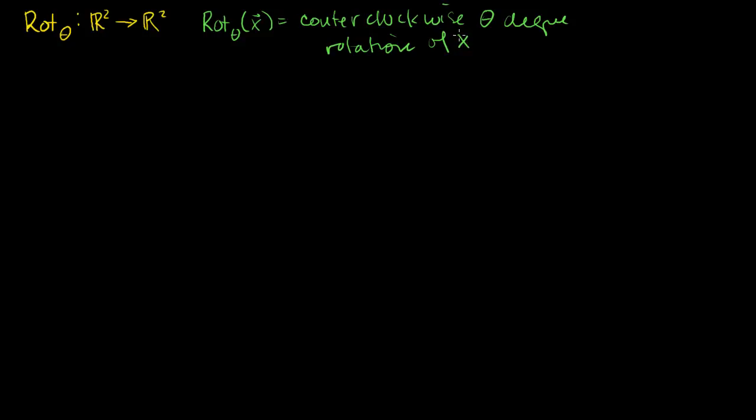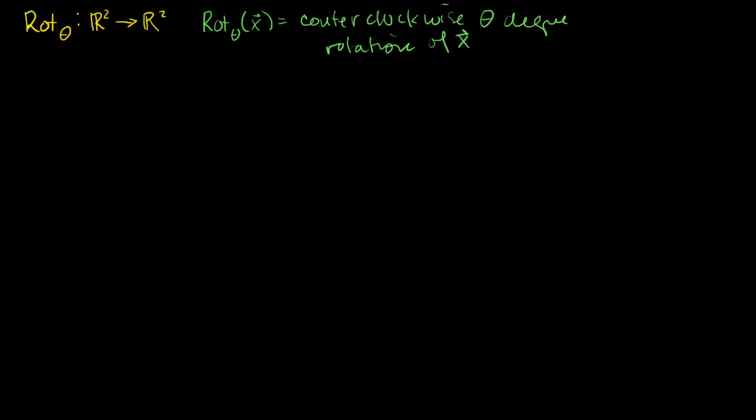Or another way of saying it is that the rotation of some vector x is going to be equal to a counterclockwise theta degree rotation of x. So this is what we want to construct using our new linear transformation tools.